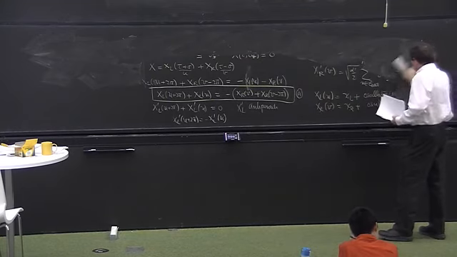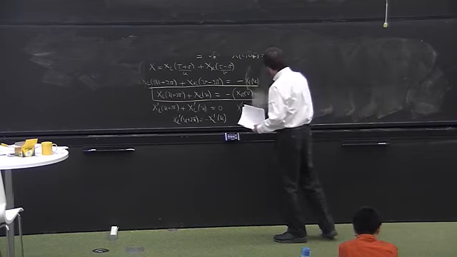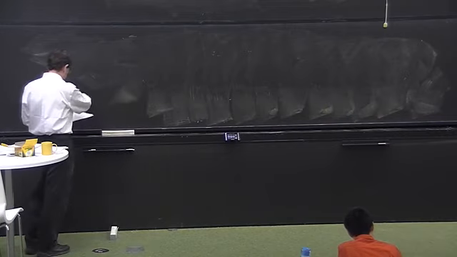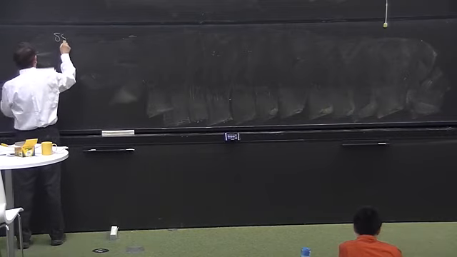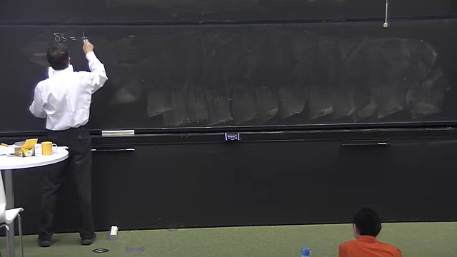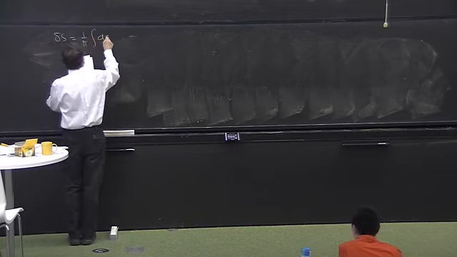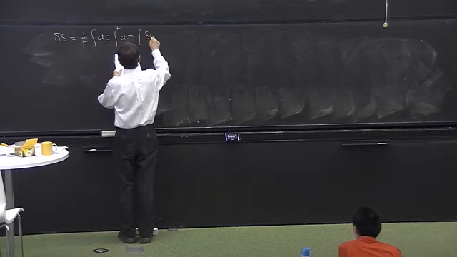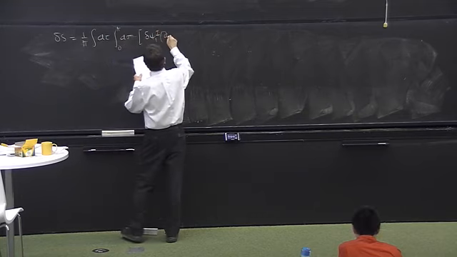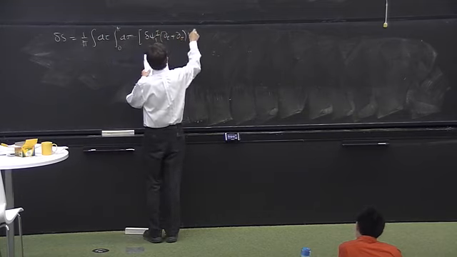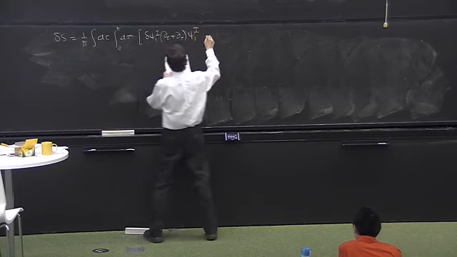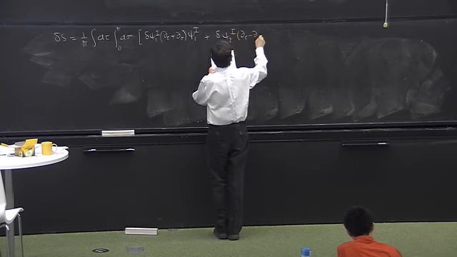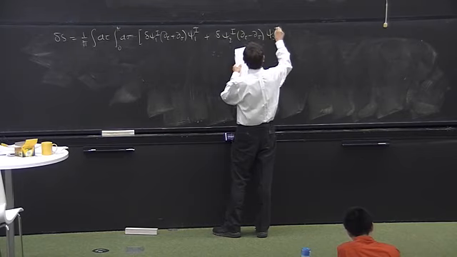If I do both of the fermions at the same time, we're going to get the following. The total delta S is going to be 1 over pi. I did just the first fermion. Let's do the second fermion. Integral d tau d sigma from 0 to pi. You get delta psi 1I (d tau plus d sigma) psi 1I plus delta psi 2I (d tau minus d sigma) psi 2I.